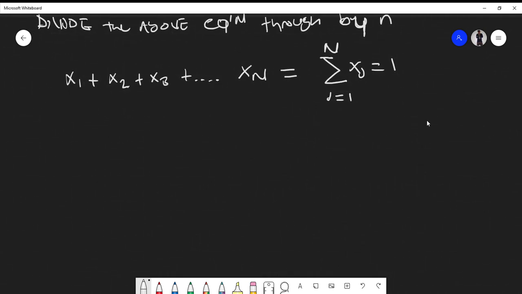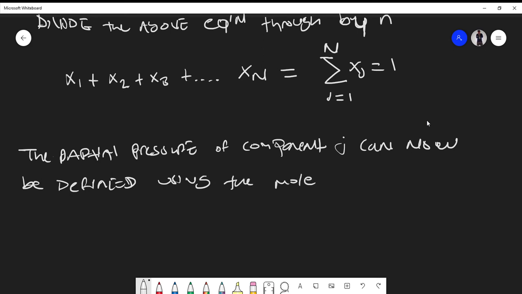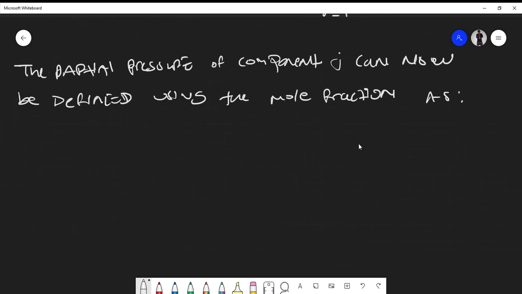Now, to summarize the equation, we could say then the partial pressure of component j can now be defined, and this is the meat of the problem, using the mole fraction as Pj.